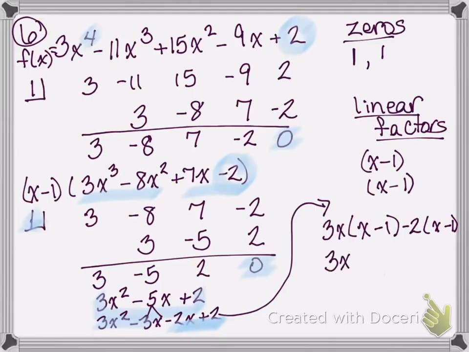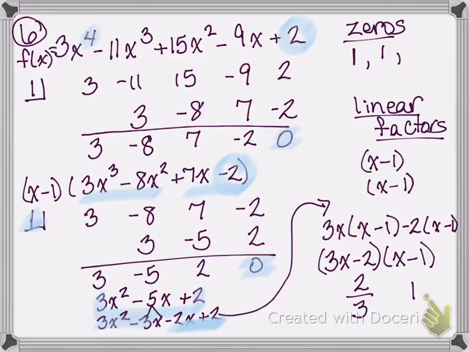So I am factoring this to 3x minus 2 and x minus 1. So when I have 3x minus 2, the zero associated with this factor is positive 2 over 3, and the 0 associated with x minus 1 is positive 1.